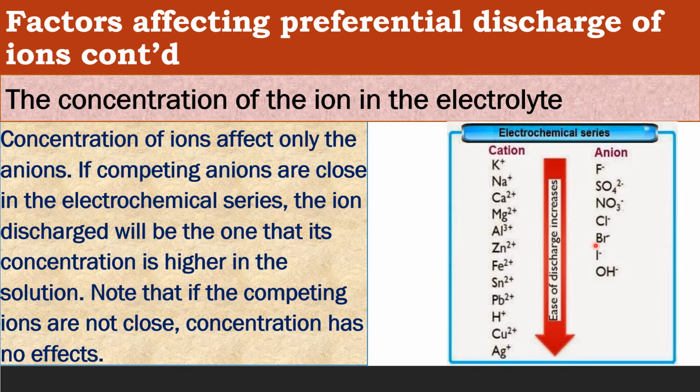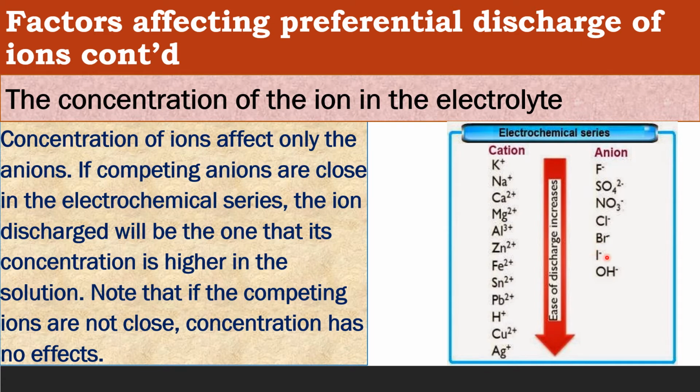But if it is a situation whereby the anions that are formed are close to each other, let's say I- and OH- are the anions that are formed and have migrated to the anode.